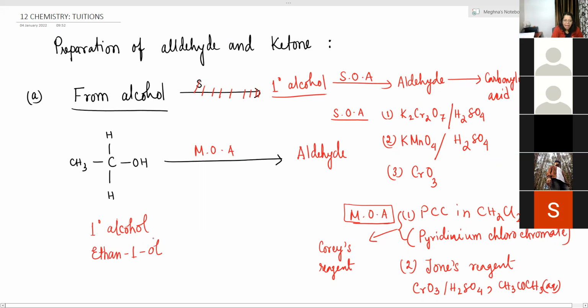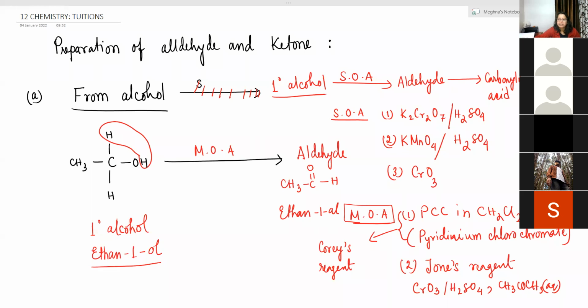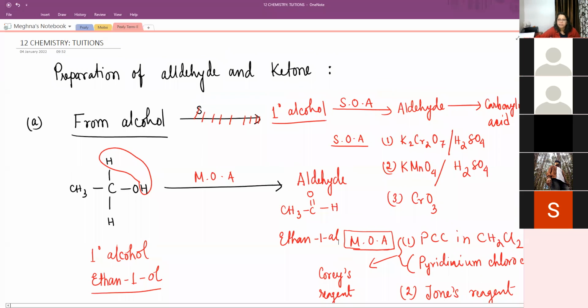And the aldehyde we are going to get is CH3, C double bond O and H, because this part is being removed. Right? So ethan-1-ol converts into ethanal. I hope now everything is written, everyone. Yes, ma'am.